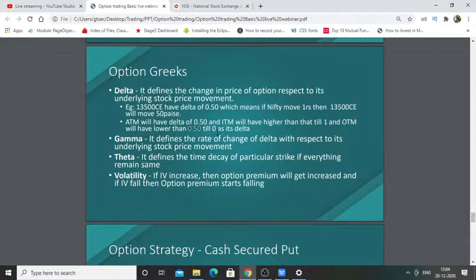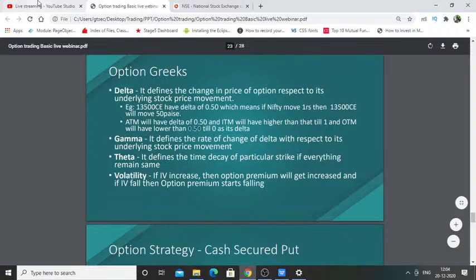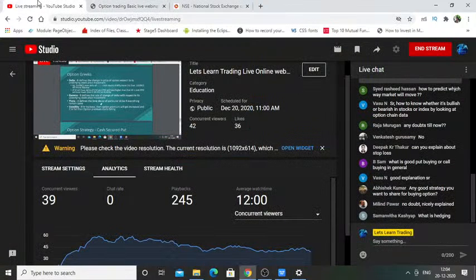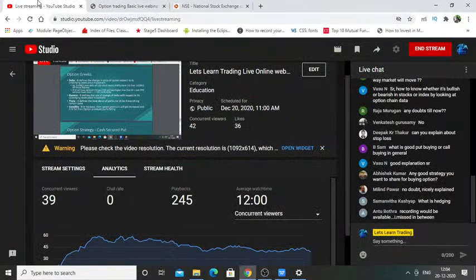These are all the deltas of OTM options. This is common for both call and put options. Any doubts in this delta? Any doubts, friends?